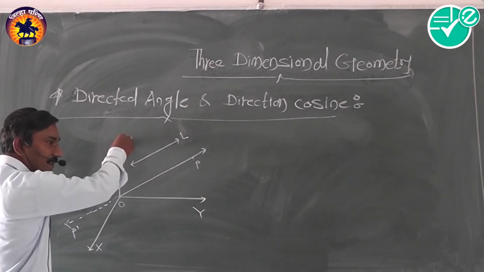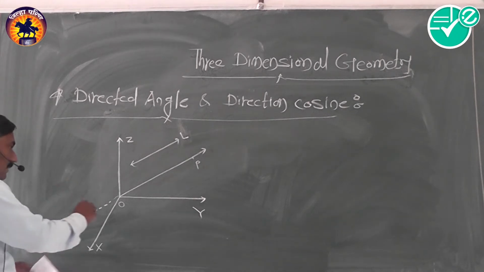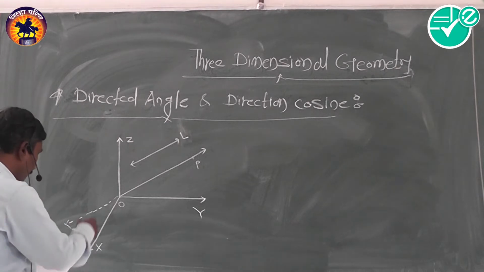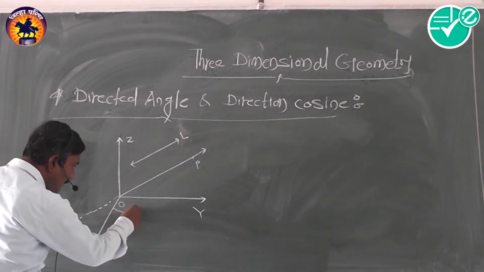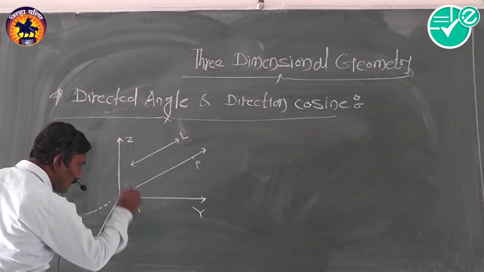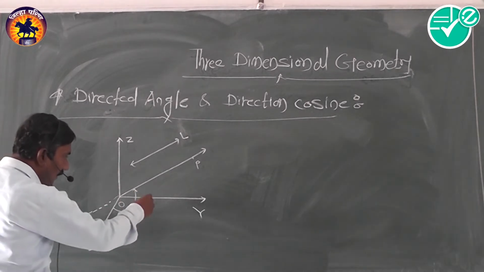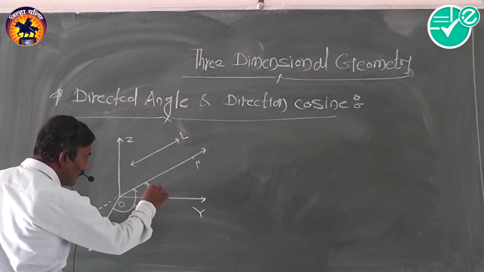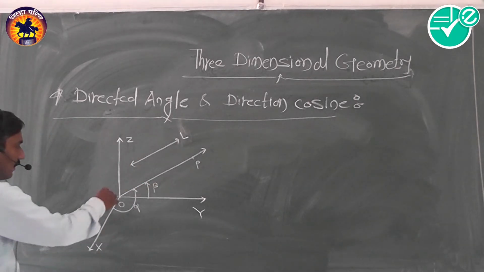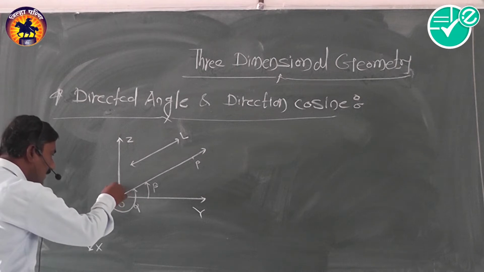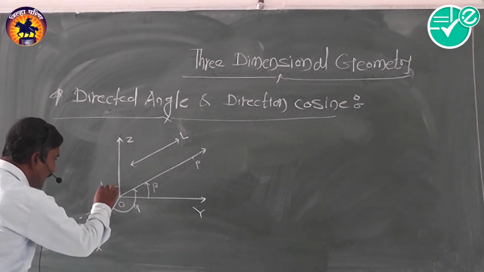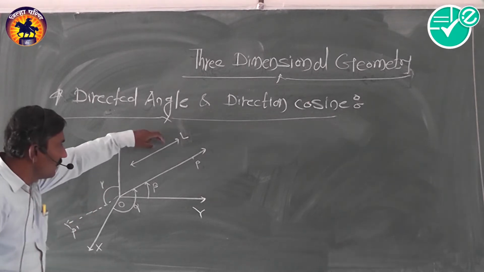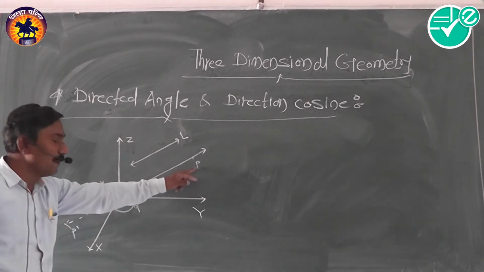Now here, that OP line creates the angle. First, the angle with the x-axis is alpha. Next, the y-axis creates angle beta, and the OP line creates angle gamma with the z-axis. And this L line is parallel to the OP line.